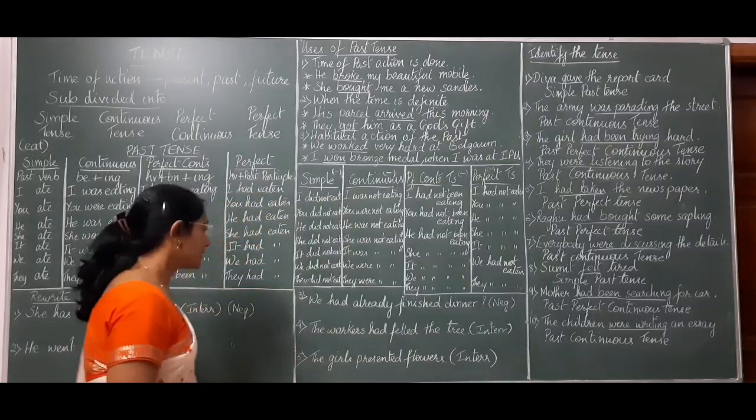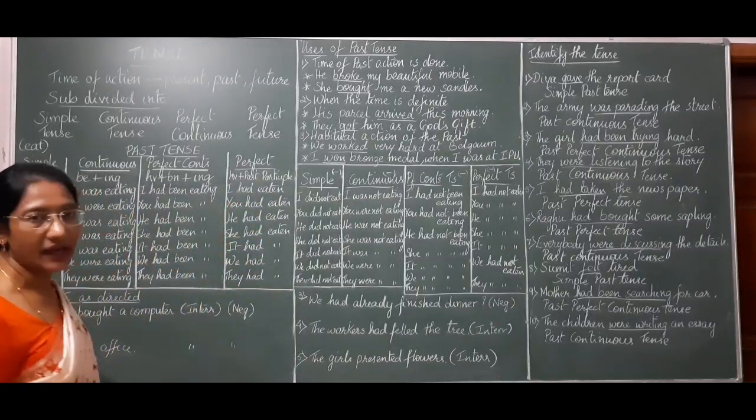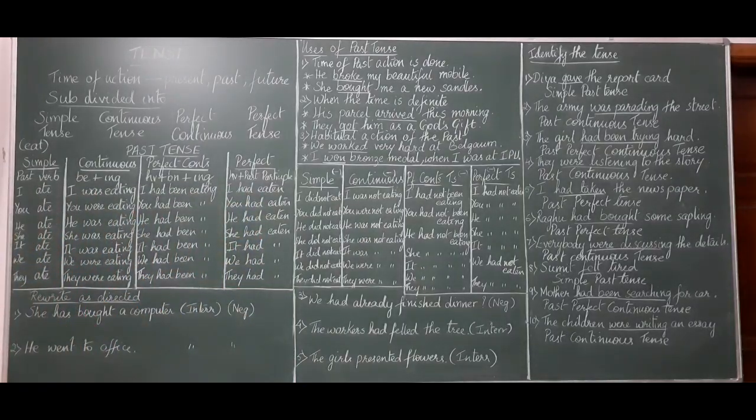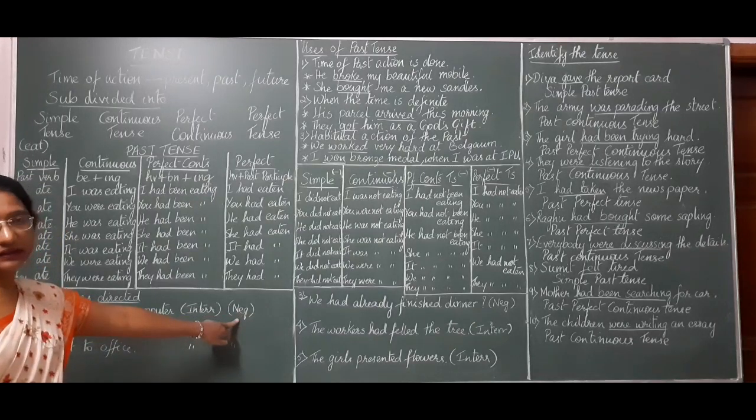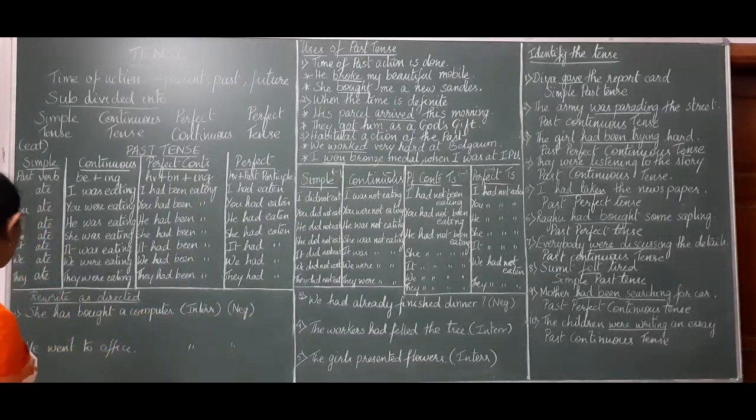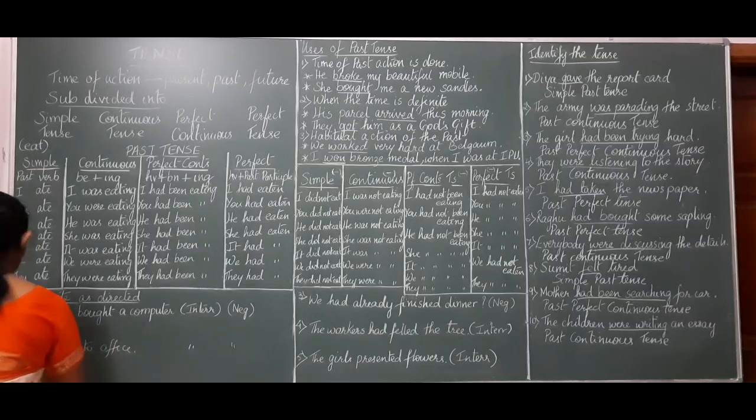The next exercise, rewrite as directed. She has bought a computer into interrogatives and negative sentence. Has she bought a computer into interrogative?